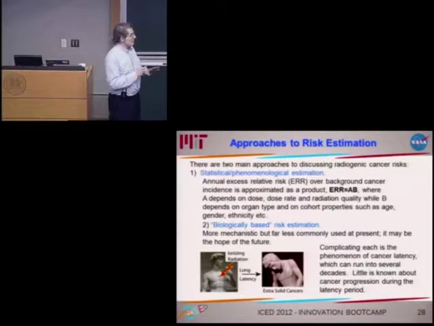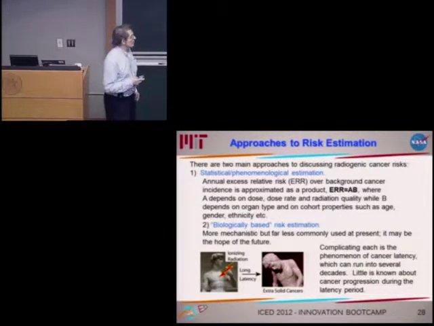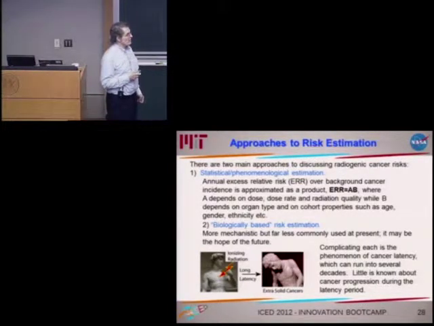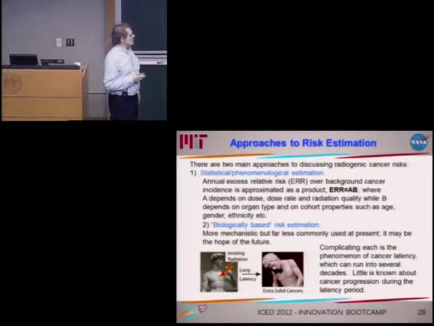A is the decidedly radiogenic contribution. It depends on dose rate, radiation quality effects. You've heard about these things. While B considers the organ-specific, tissue-specific effects that have to be put in as corrective factors to what one determines from the more average effects reflected in A.